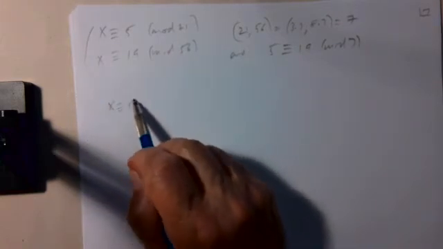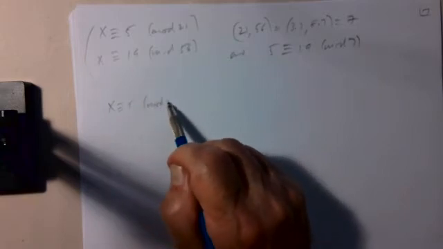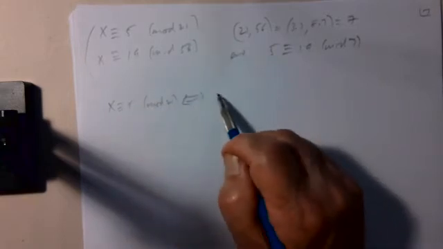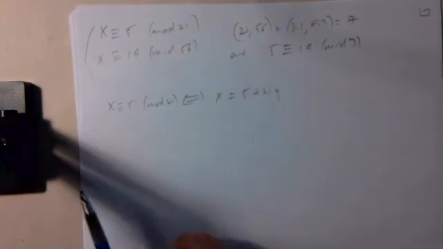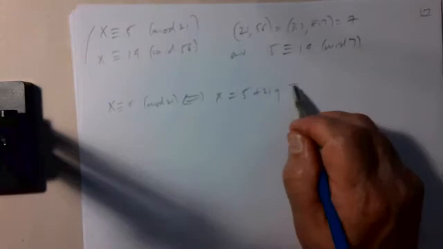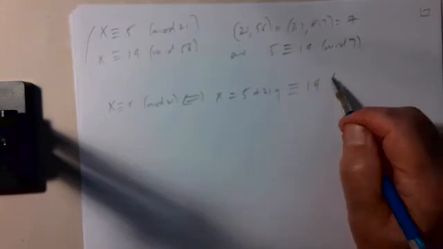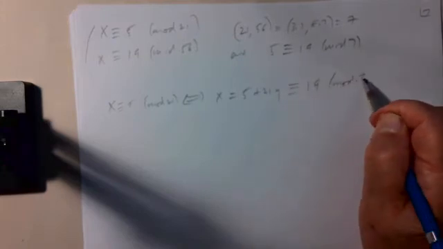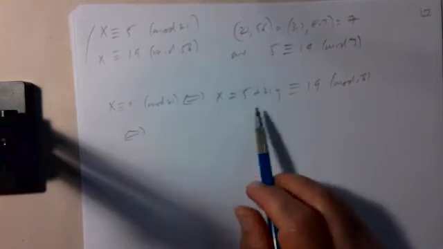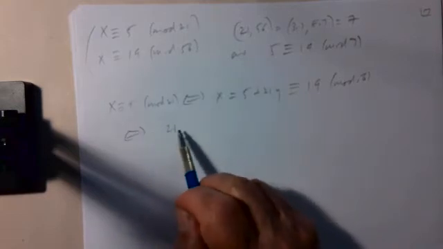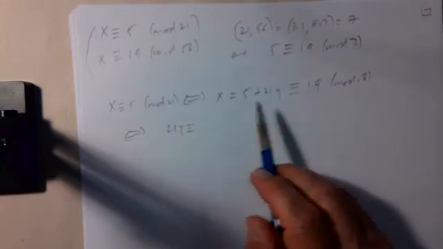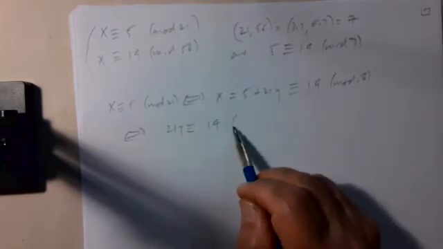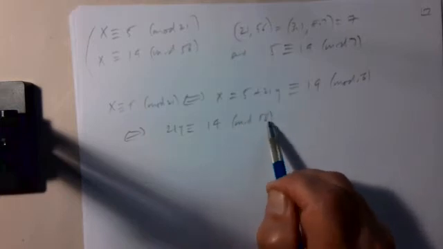x congruent to 5 mod 21 means x is an integer of the form 5 plus 21y. And that's going to be congruent to 19 mod 56 if and only if 21y is congruent to 19 minus 5, or 14, mod 56.